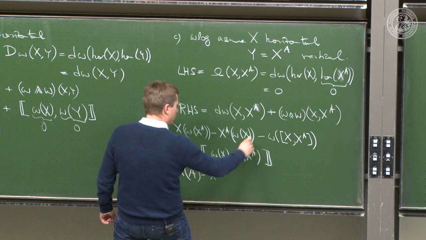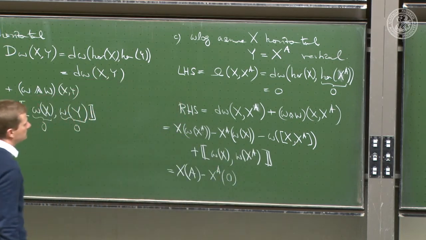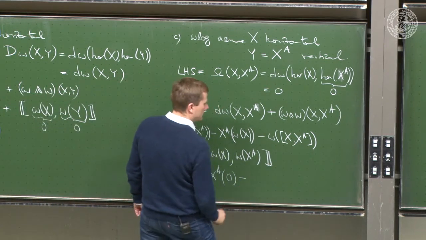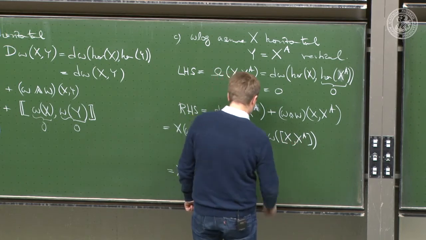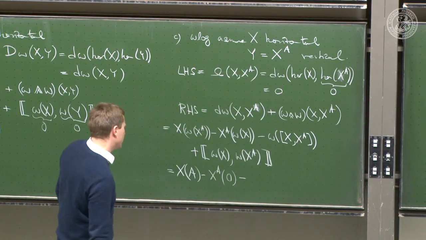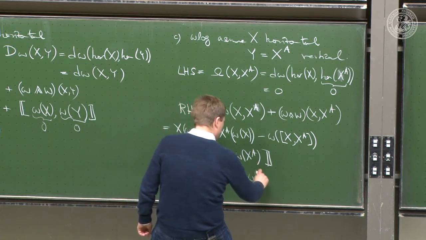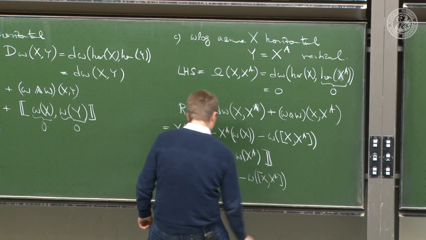So omega of a horizontal vector field is, of course, 0. Also here. Now the crucial point is here. You have a horizontal field together with a vertical field. We'll have to think about this. So let's just keep this here, x comma xa.